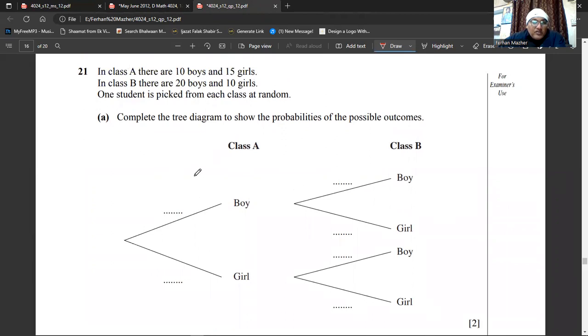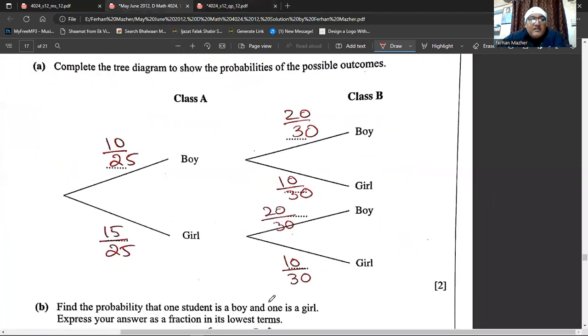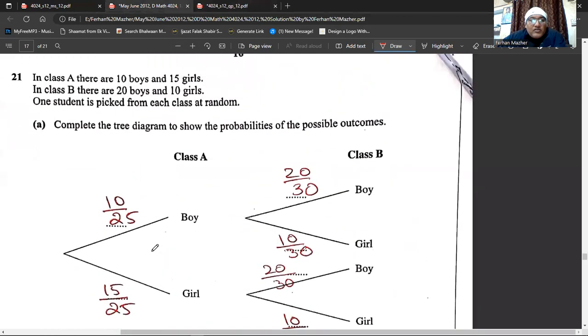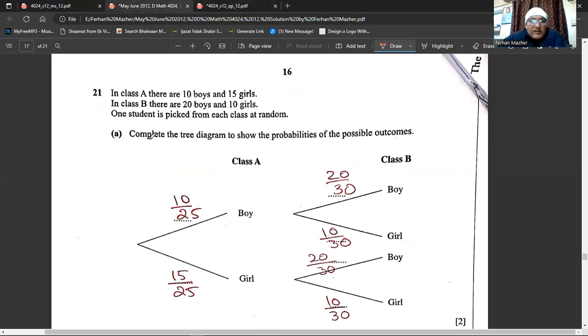Okay, so in the class A, there are 10 boys, total 25, and 15 girls, total students are 25. So getting a boy from class A will be 10 by 25. Getting a girl from class A, that will be 15 by 25.